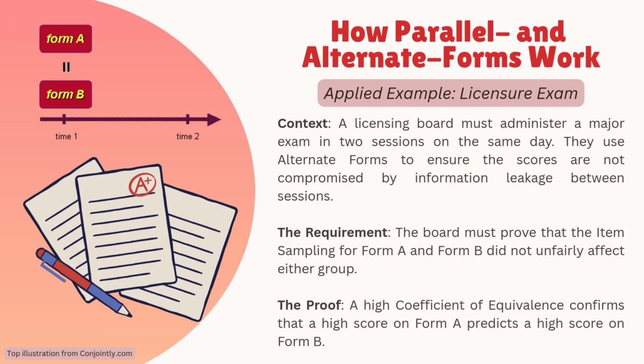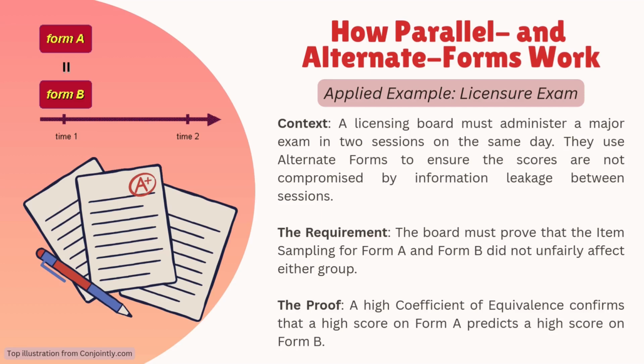So they decide to use alternate forms, where they use Form A in the morning and Form B in the afternoon. They do this so that if a morning taker leaks specific questions, Form B prevents that information from compromising the afternoon session scores, as the afternoon test has different items.